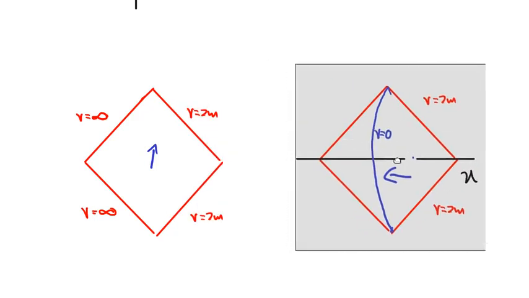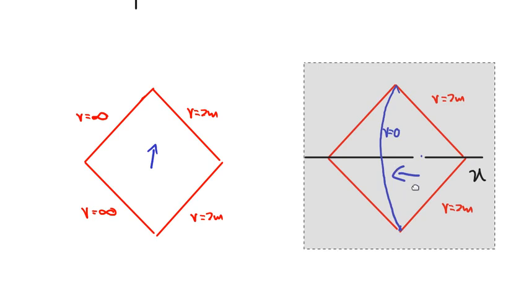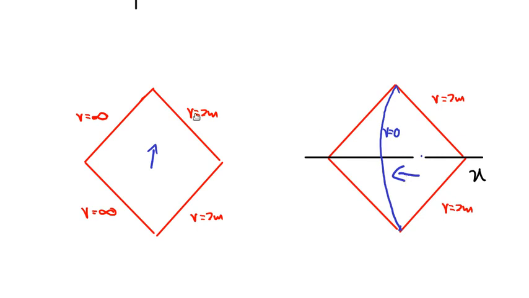We can certainly do that because there are matching sides, but the time orientations are not matching because the arrows point along different directions. So we have to rotate this diagram to have matching time orientations.